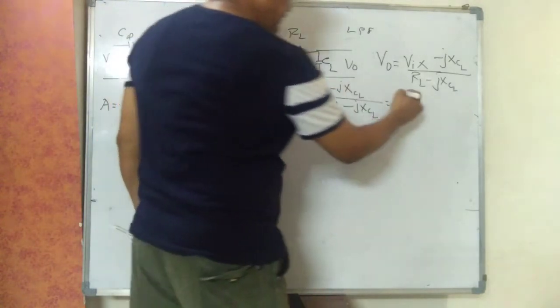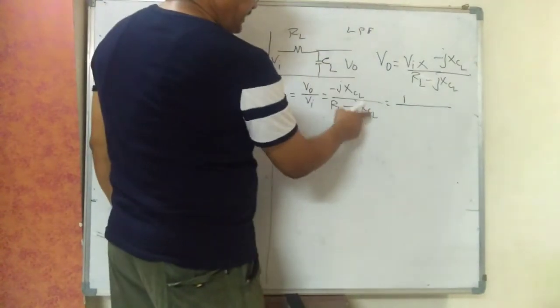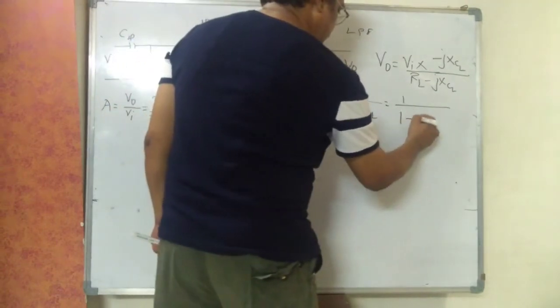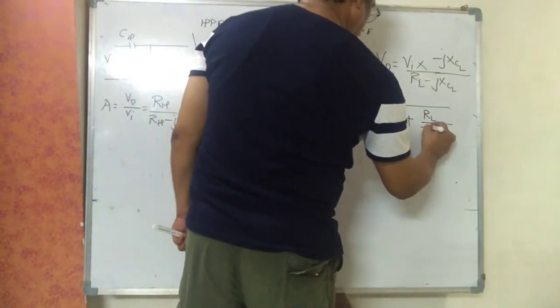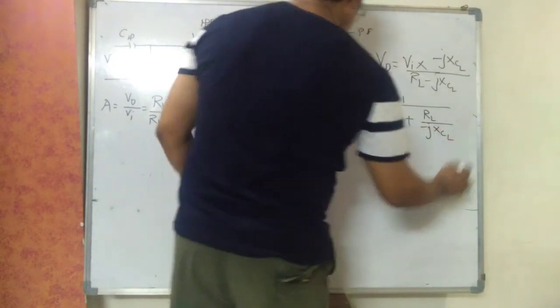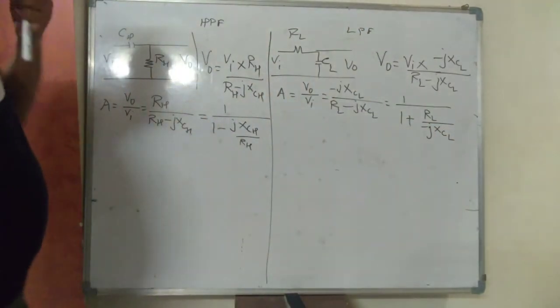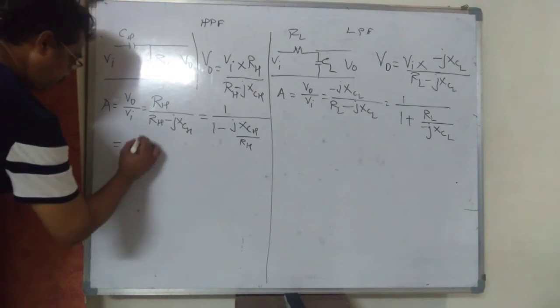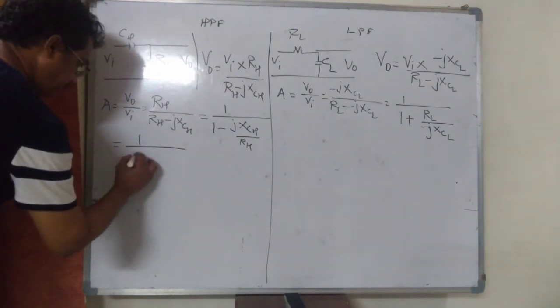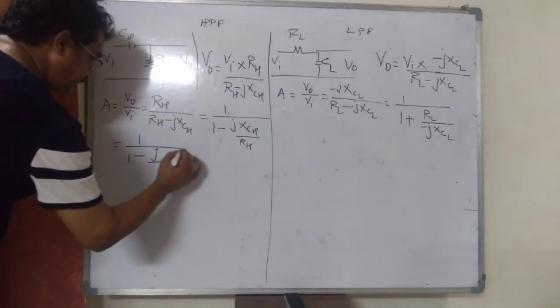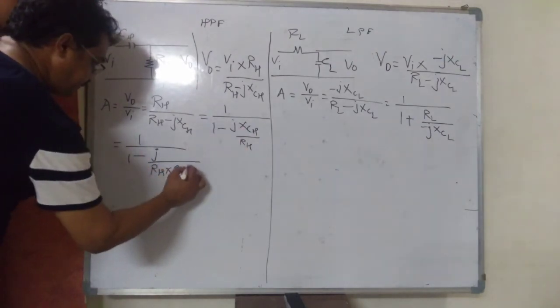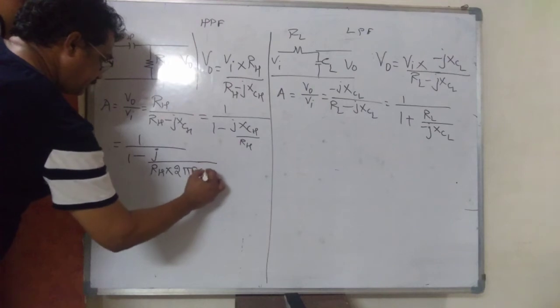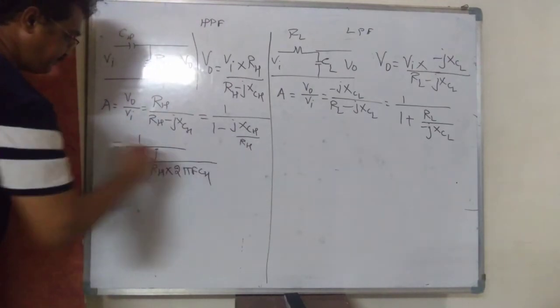Minus jXCL upon minus jXCL is 1, and 1 minus jXCL upon minus jXCL is 1. Right? So it will be equal to 1 upon 1 minus j, XC is 1 upon 2 pi FC.